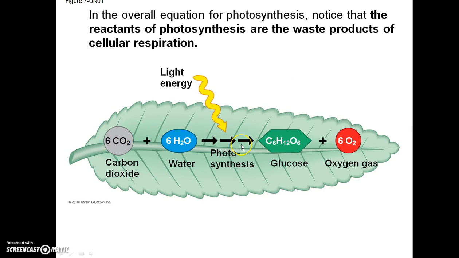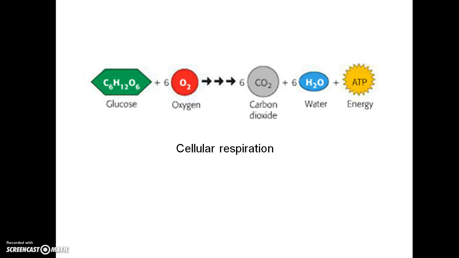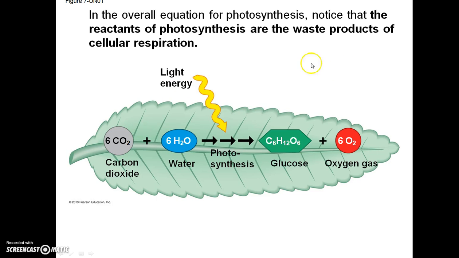This series of arrows just means that photosynthetic reactions are occurring, and the end products are glucose and oxygen gas, which again, if we go back to the cellular respiration equation, we see that the reactants here, glucose and oxygen, are the same as the products here. So these are very complementary cycles.